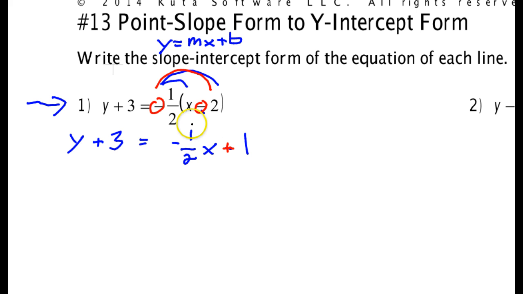Little things will turn into big problems later. And then finish it up, subtract 3 on both sides.